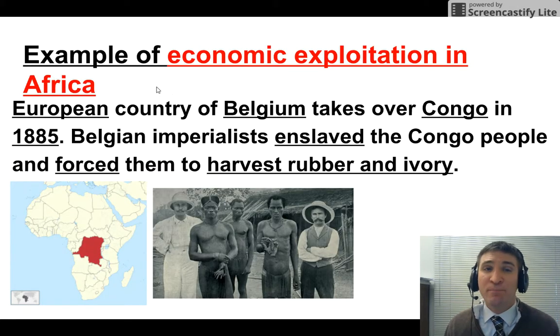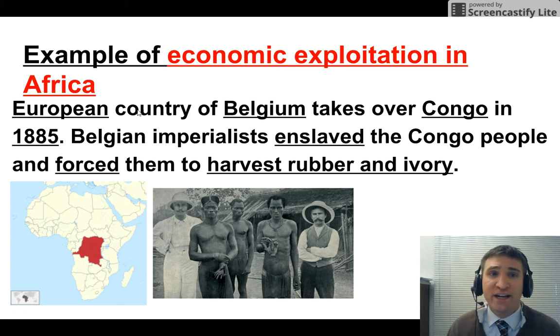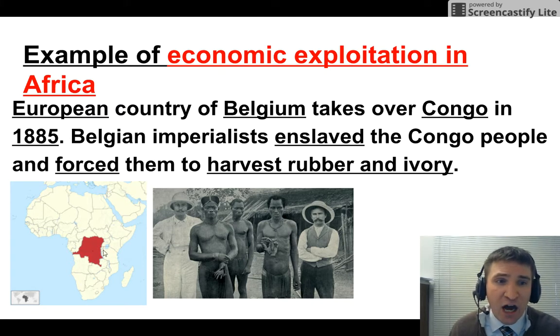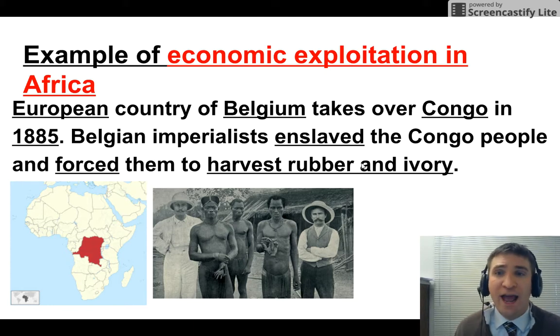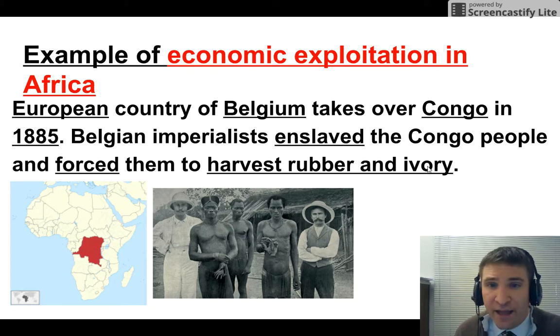Here is Congo in Central Africa. Belgian imperialists, there they are in this picture, enslaved the Congo people and forced them to harvest rubber and ivory. And here is a Congo person who is holding, that is a real human hand. If the Congo people did not harvest rubber and ivory, they were punished, including getting their hands chopped off.